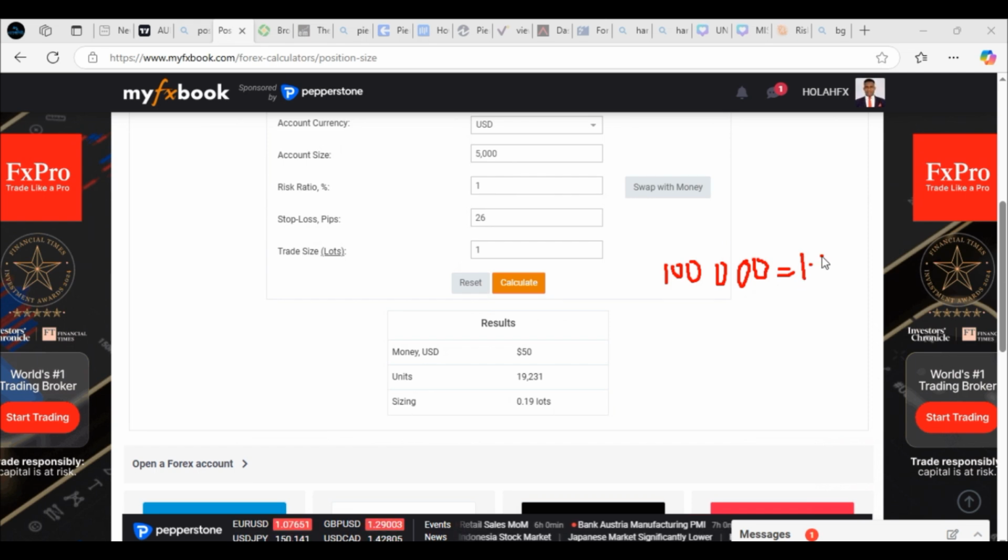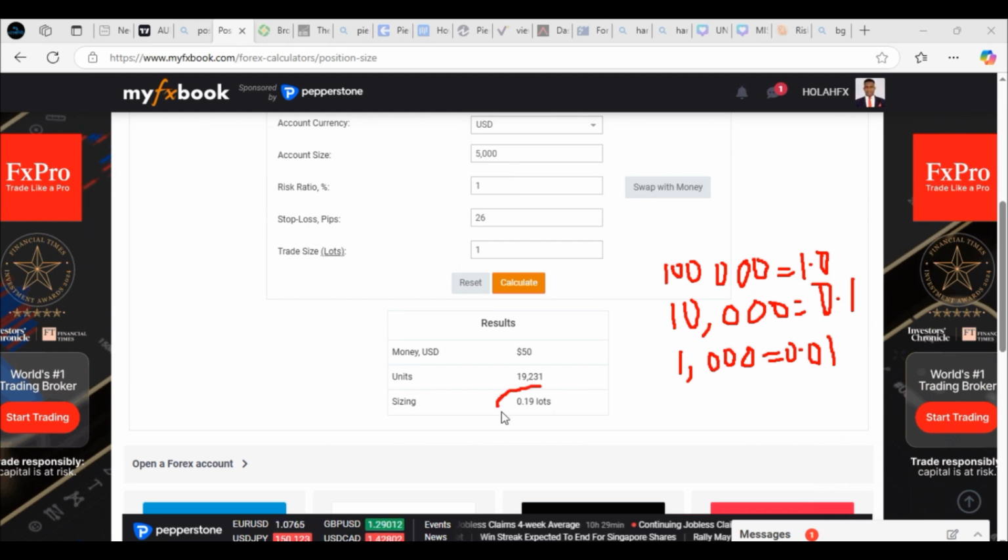If you are trading 10,000 units, that's going to be a mini lot, which is 0.1. Then if you are trading 1,000 units, which is a micro lot, that's going to be 0.01 lot size, as we know.